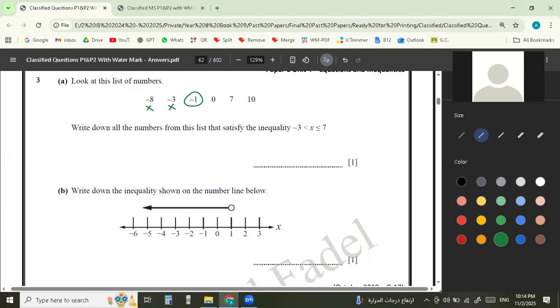And less than or equal to 7? Yes, it's less than 7. So here, I'm going to write negative 1 first. 0 is also with us. It is greater than negative 3, less than or equal to 7. 7 is going to be with us. Why, mister? Because they said 7 is included. So these are the only three numbers. So what about 10? Is 10 between negative 3 and 7? No way.